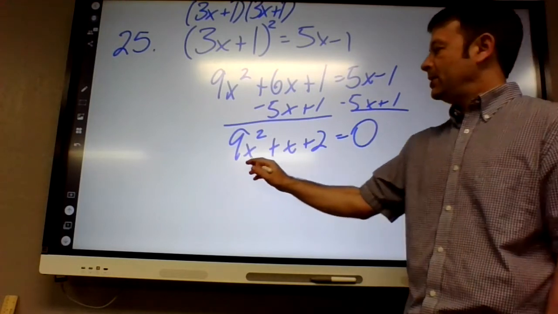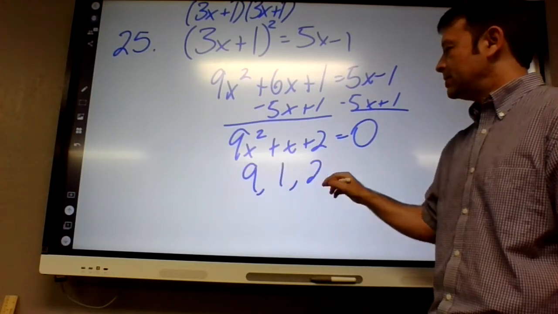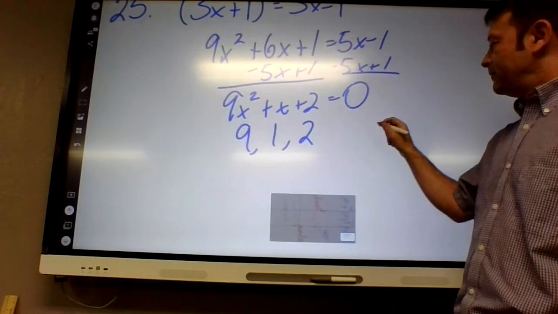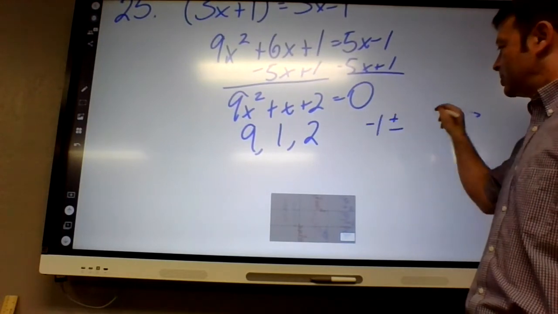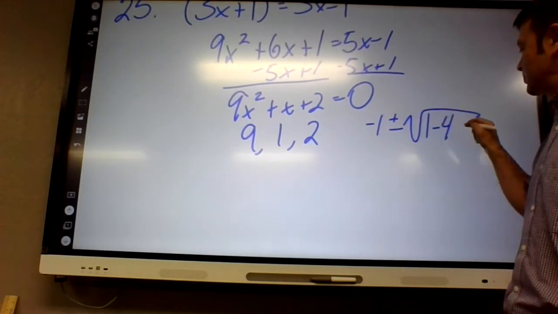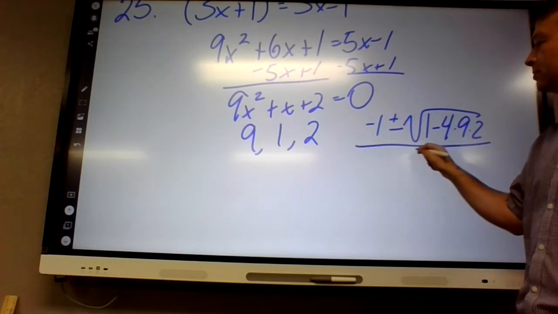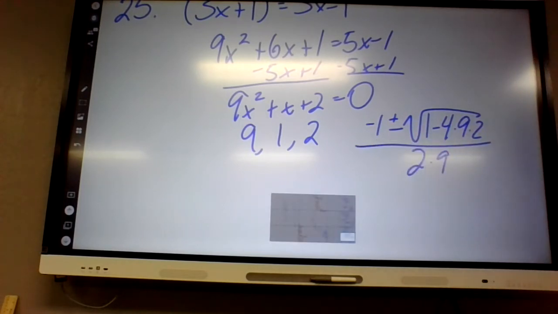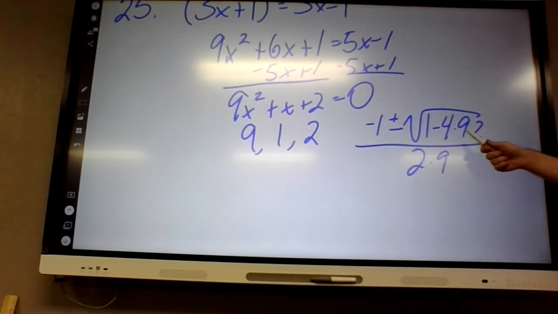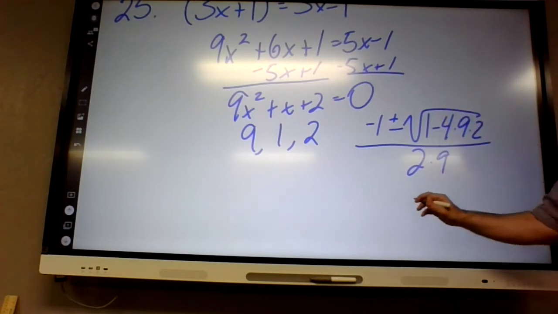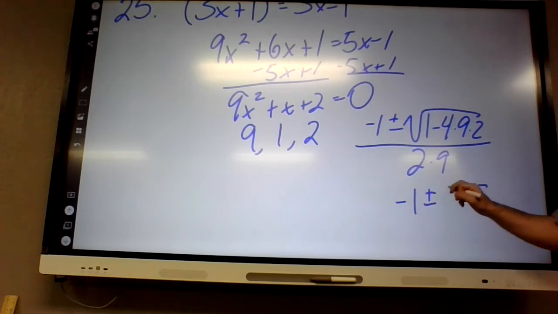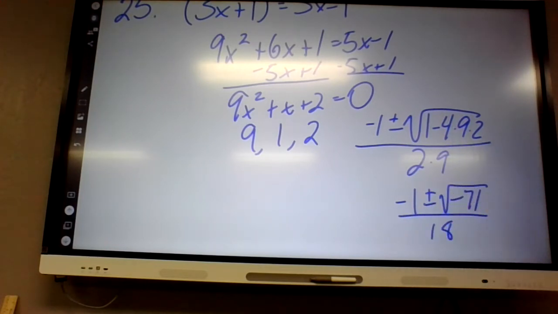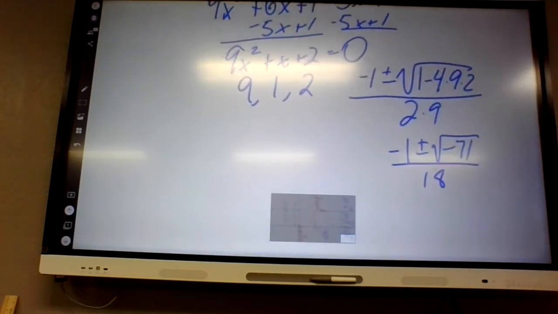So we need a, b, c. Negative b plus or minus square root b squared minus 4ac over 2a. That is negative 71 in the square root. So we need to split it.